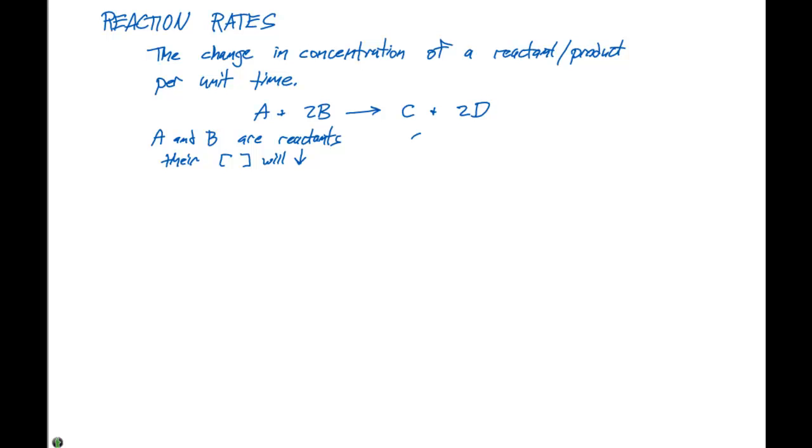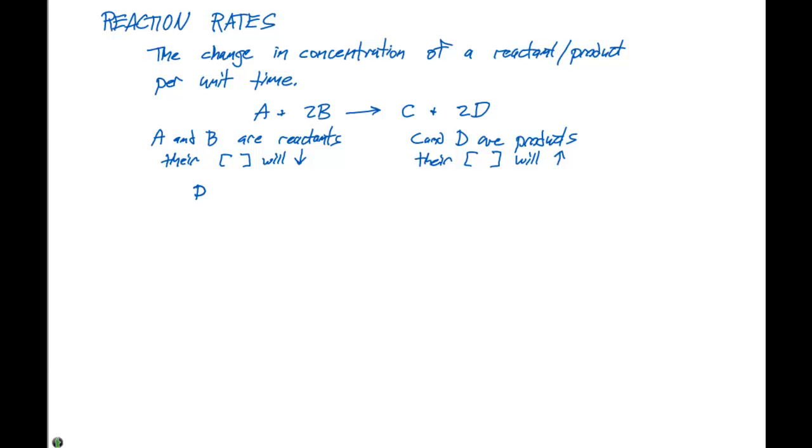Okay, C and D are products, and their concentration will increase. So as this reaction proceeds, we're losing A and B and gaining C and D, and the concentrations are going to change accordingly.